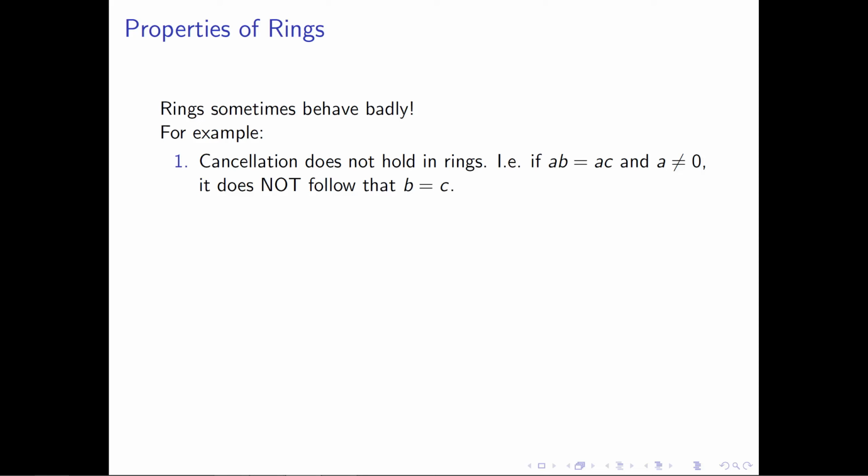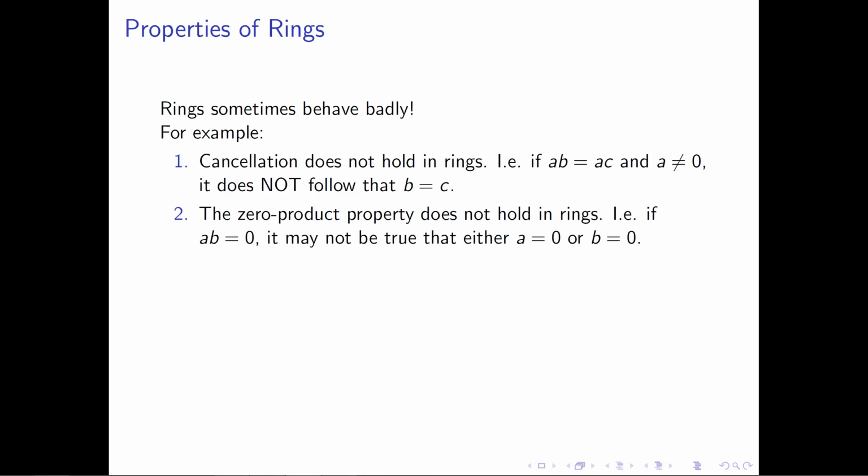In an arbitrary ring, we can start with a non-zero a, have an equation ab equals ac, and it may not be true that b is equal to c. So you're not allowed to cancel things off of the left or the right hand side of an equation when you're doing computations in rings.